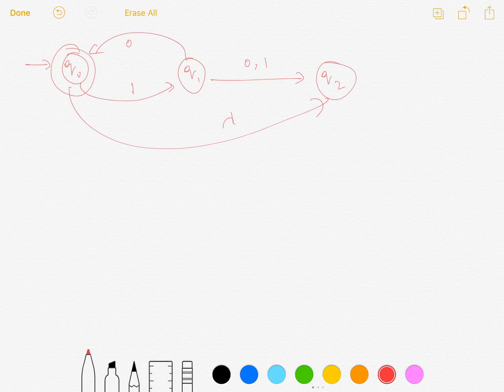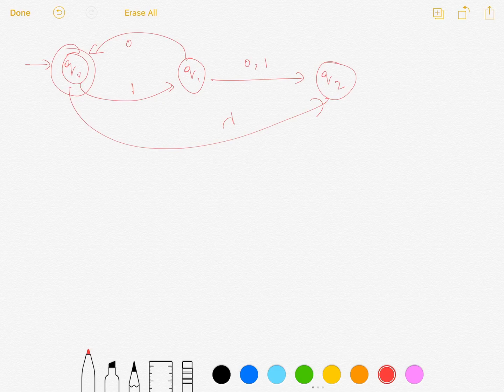Why? Because at Q0 we have considered 1, but we have not considered 0. At Q1, after taking 0, it is going to Q0 as well as Q2. And another thing is that Q0 is accepting lambda. So, in all cases, it is not maintaining the properties of a DFA, hence it is an NFA.